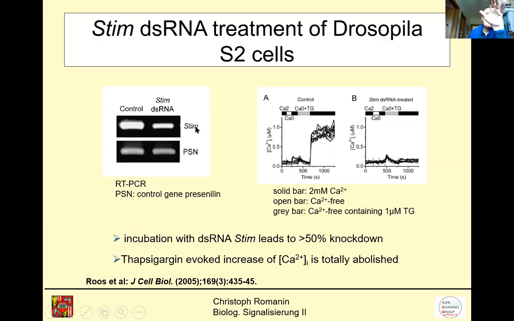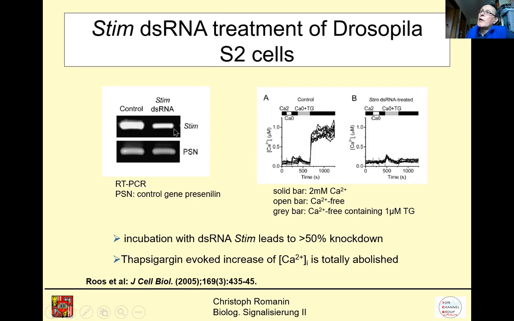Whenever they treat a cell with this siRNA, which is double-stranded and a little bit more stable than a single-stranded RNA, it functions similarly: it decreases the protein concentration, or also the RNA, because it destabilizes the RNA of the protein against which the siRNA is made.